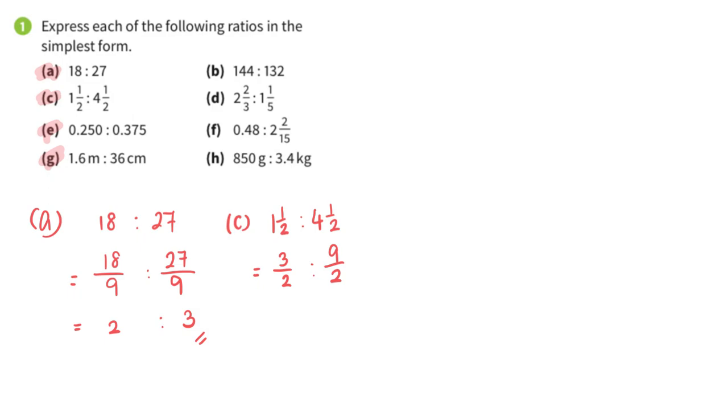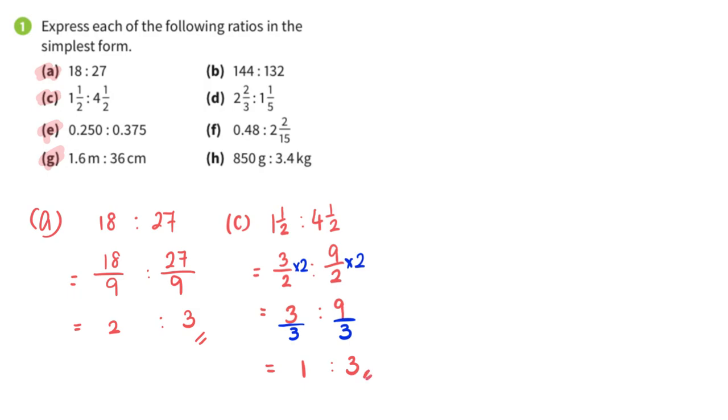And at this point, I would then multiply by 2, so that it will give me 3 is to 9. And finally, I'm going to divide by 3 on both sides of the ratio. Final answer, 1 is to 3.